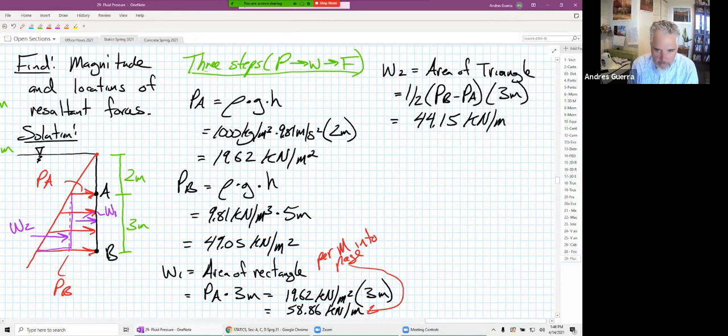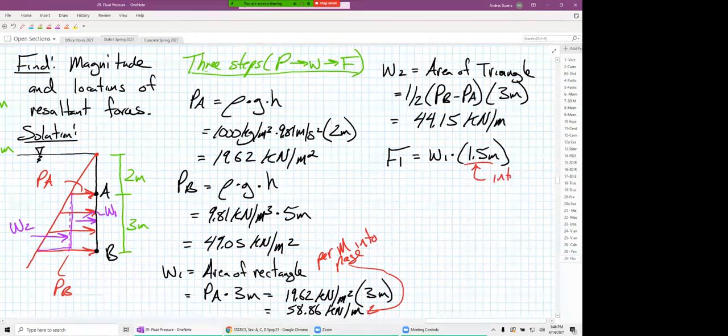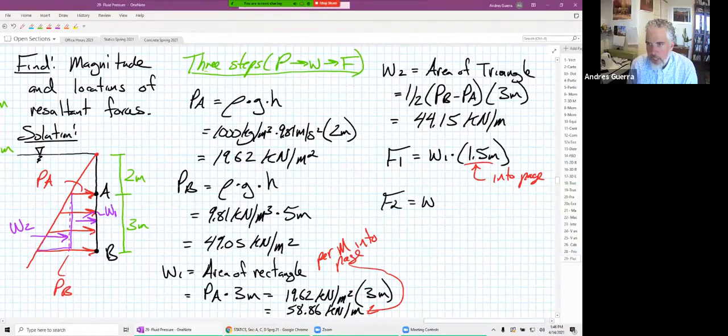And then our last step here is going to be, we can find F1 is going to be W1 times 1.5 meters. And remember, this is into the page. And then F2 would be W2. Oh wait, let's calculate F1 first before we go into F2.